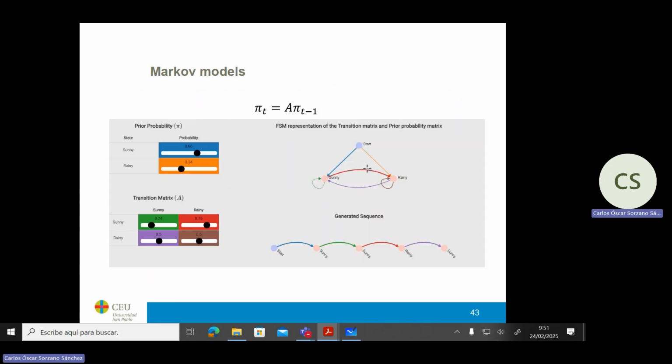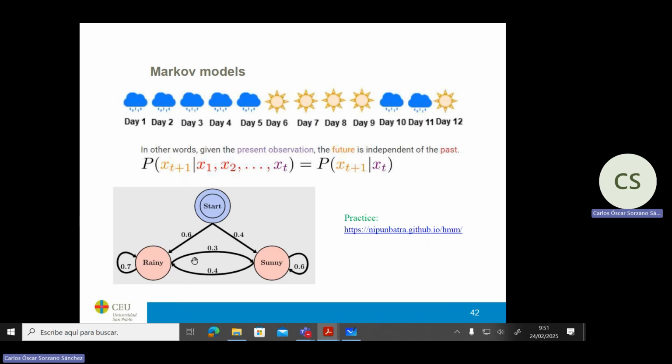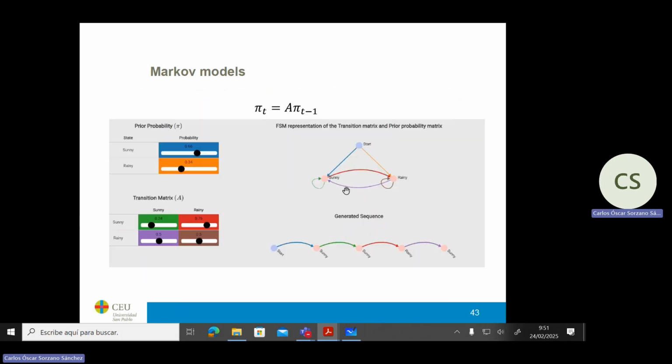Now you can simulate sequences. For instance, you have a probability of being sunny or rainy, which is called the prior probability, and then you have the transition matrix, which holds the probabilities that we have here. So you can play with them.